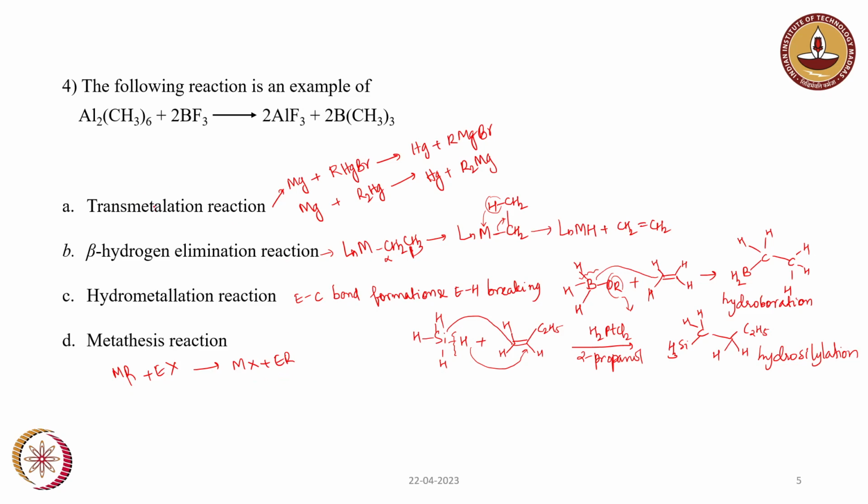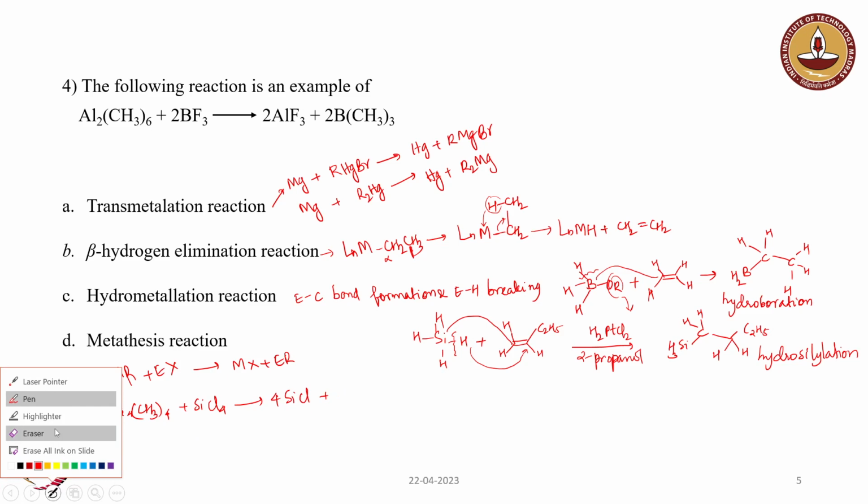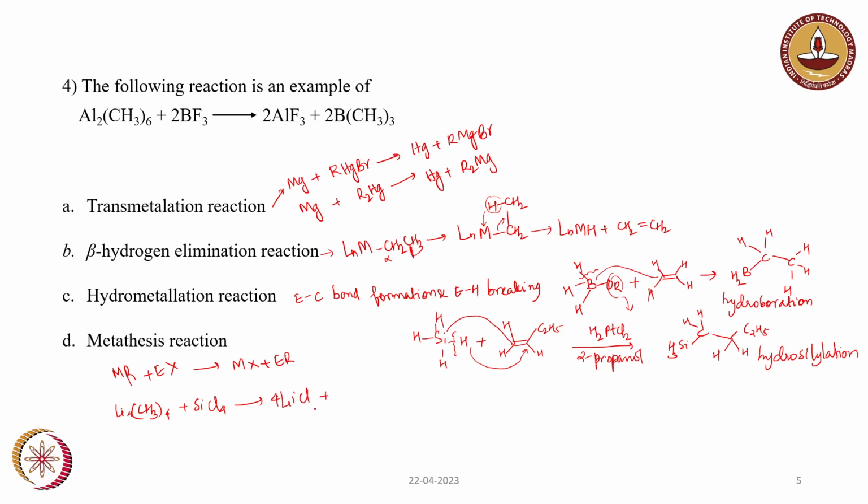So in the example, Li(CH3) 4 times plus SiCl4 gives 4 LiCl plus Si(CH3) 4 times.